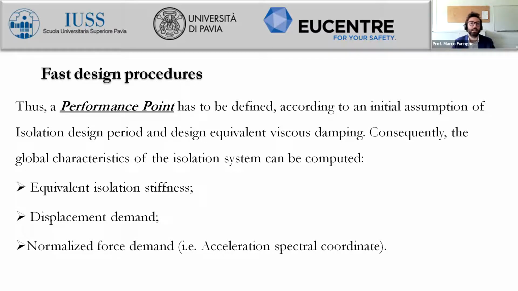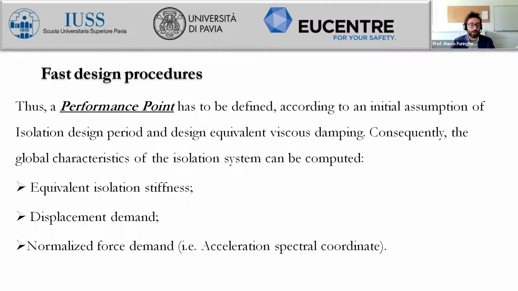So this means that the height of the overall device is equal to the displacement demand, since the shear strain can be computed as the ratio between the displacement demand and the height of the isolator. If the ratio is 1, which means 100% of shear strain, the displacement demand is equal to the height of the isolator.